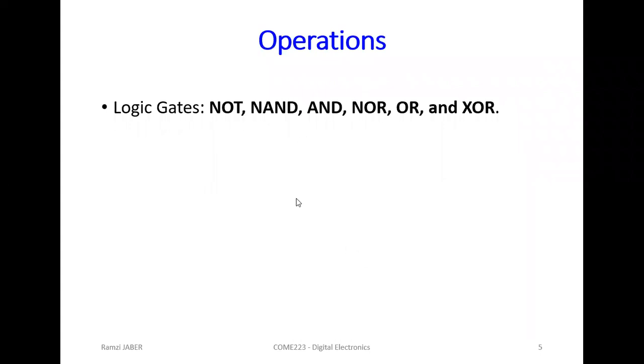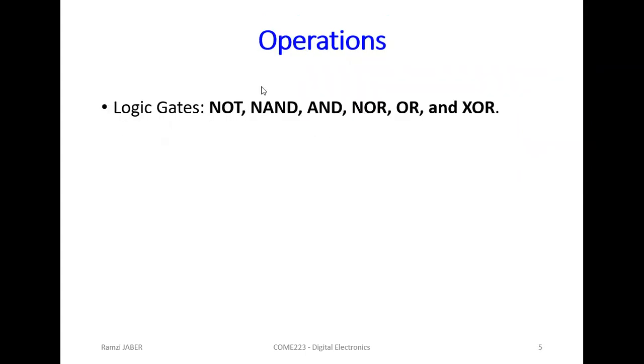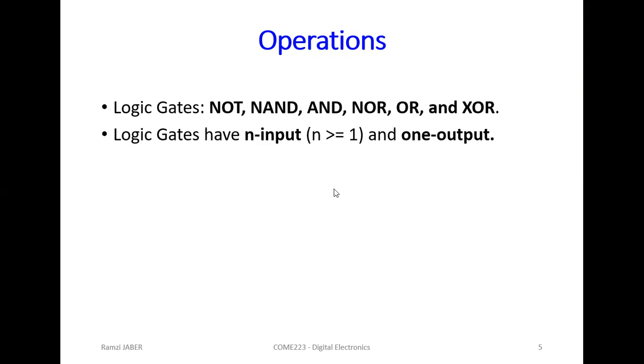What are the operations that an ALU performs? The basic operations are the logic gates: NOT, NAND, AND, NOR, OR, XOR, XNOR. As a fast review, logic gates have n inputs and one output.